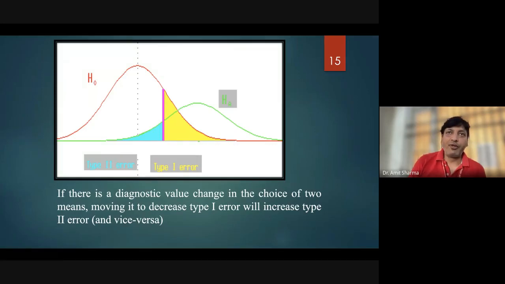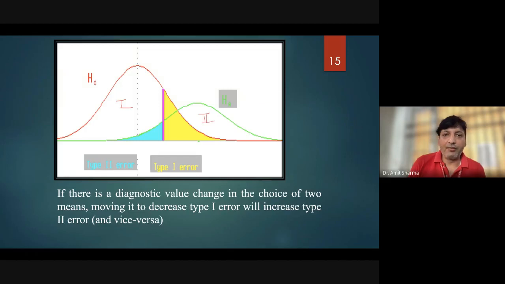After performing the research, you are able to find out which one is true and which one is to be rejected. So situation number one and situation number two both can occur while conducting the research.